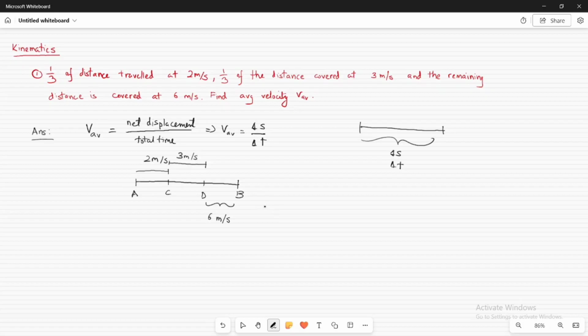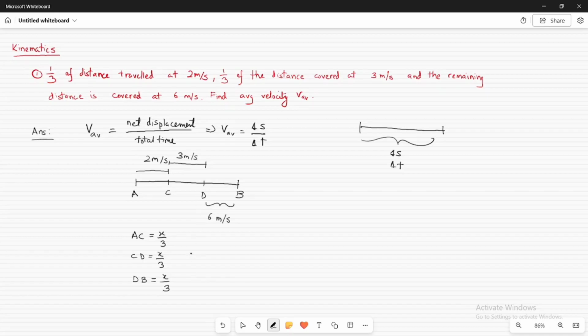So, if we say AC is x by 3, CD is x by 3, dB equals x by 3. If AC is one third, CD is one third, dB is also one third of the distance.